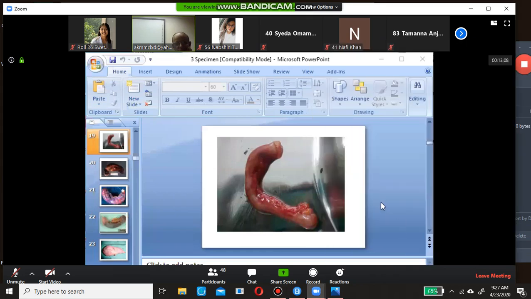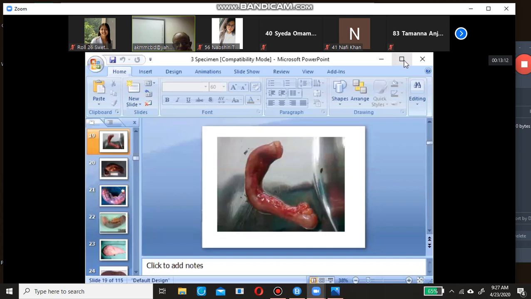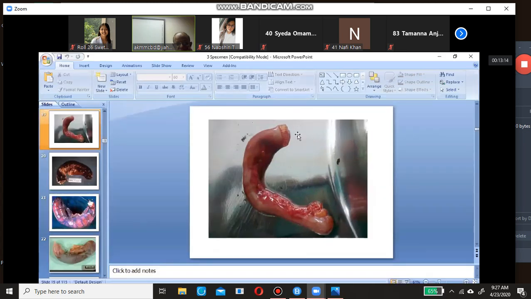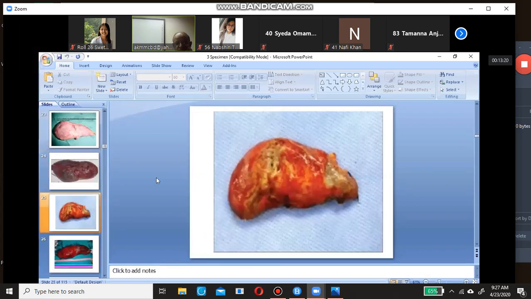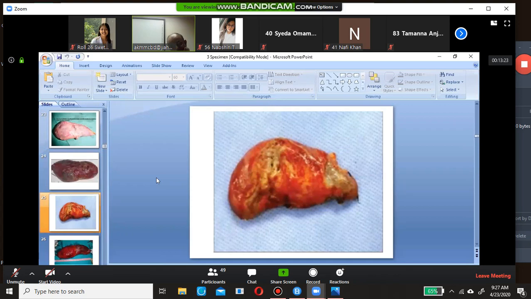I told about appendix. Let us see what is next. These are all appendix. Gallbladder. Probably I have also covered gallbladder.